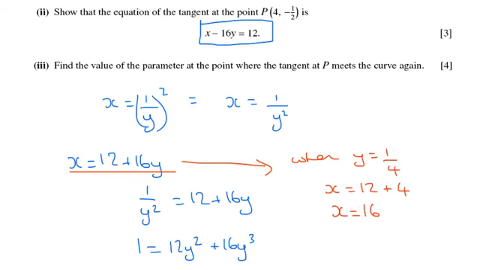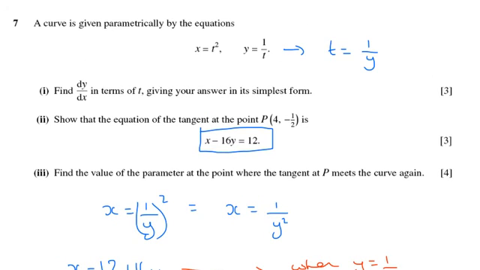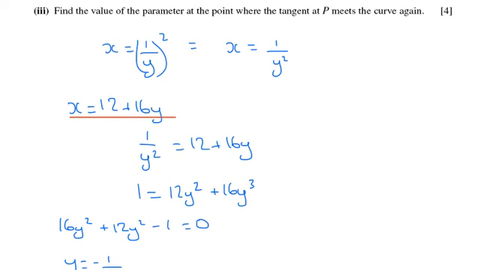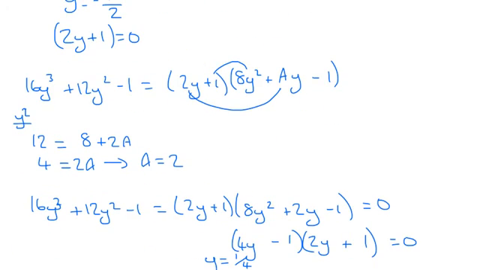So we do need to use the t. t is 1 over y, so ignore all that red stuff. We've got that y is a quarter, and when y equals a quarter, t is 1 over y, so 1 over a quarter, so t was 4.